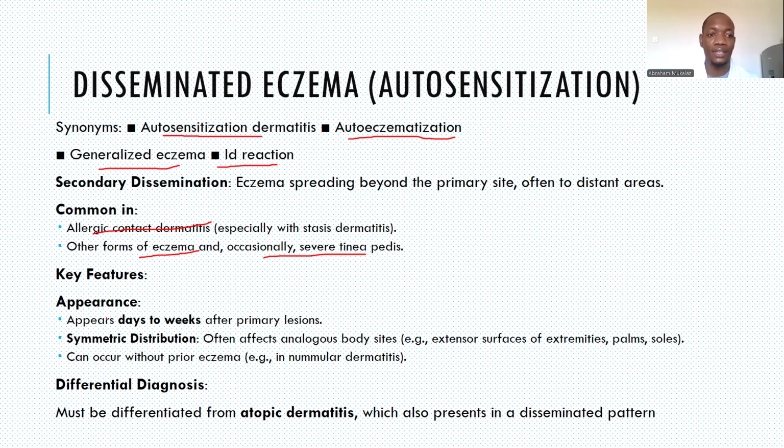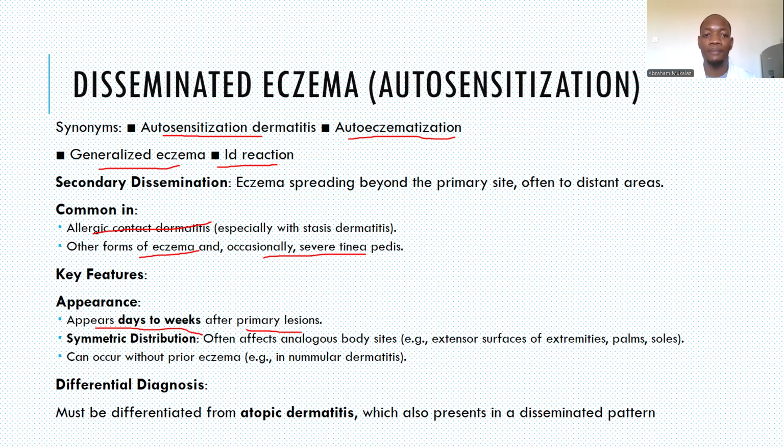So the key features in this type of eczema is that these lesions will appear a few days to weeks after the primary lesion. So meaning that someone will have the primary lesion well localized in the area, then a few days or a few weeks after, they get these disseminated rashes that can cover the entire body. And they're oftentimes symmetrical, covering both sides, maybe if it is extremities, left and right, if it is a trunk, almost all sides of the trunk affected.